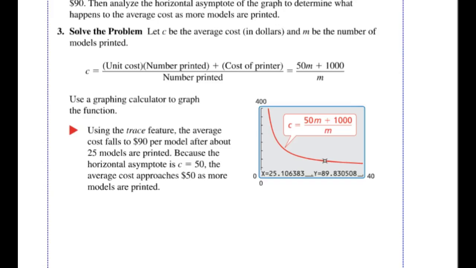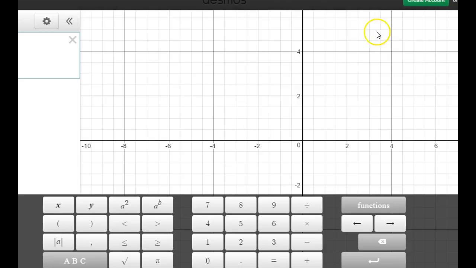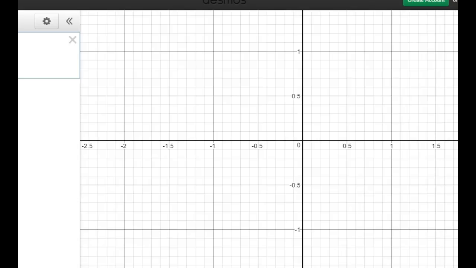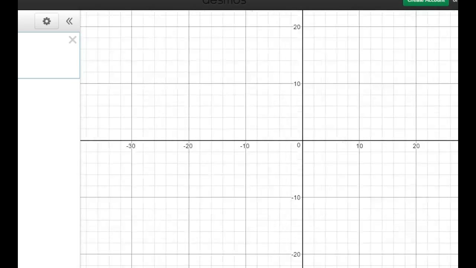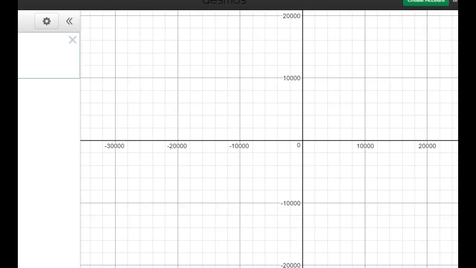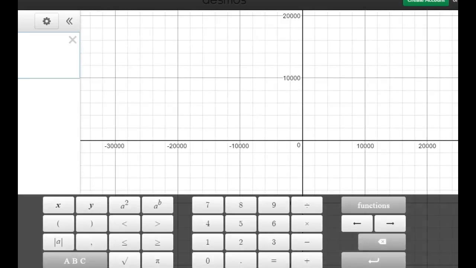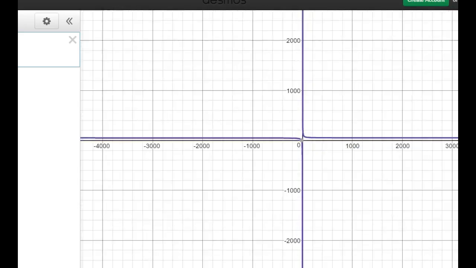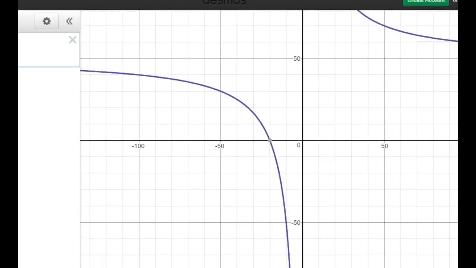Let me just double check that that was my equation. Yep. So you see, I can't see it currently. Oh, going the wrong way. But once I zoom out, I should be able to see my graph. Oh, I forgot my parentheses. There we go. Now it's not happy with me either. There we go. I zoomed way too far out.